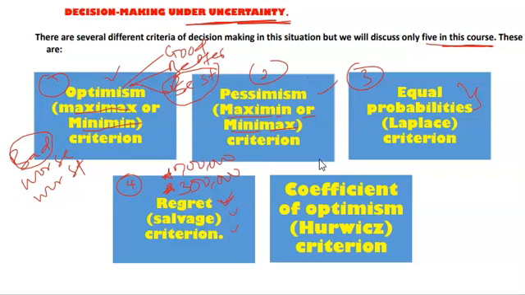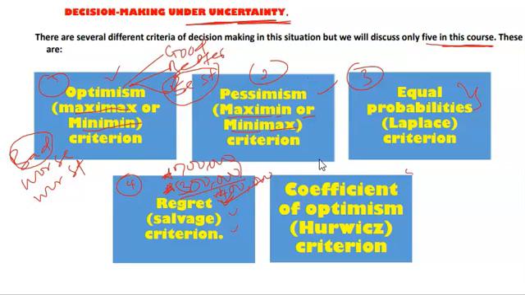What is your regret? Your regret now is the difference between the profit you should have made and the profit you made, which is 400,000 in this case. That is your regret. Now, if you have a series of regrets, you want to go for the minimum of them all.